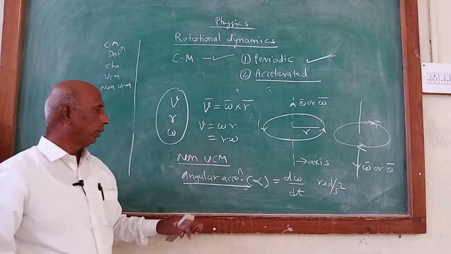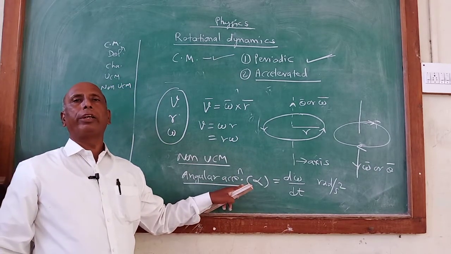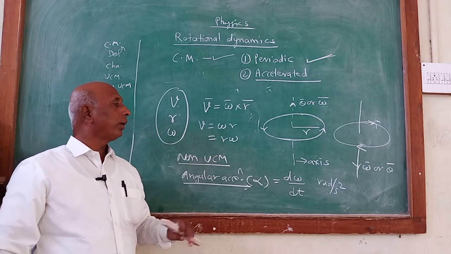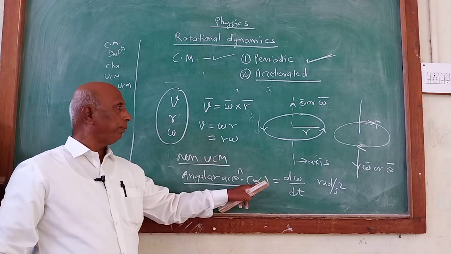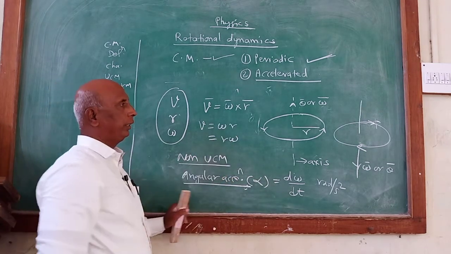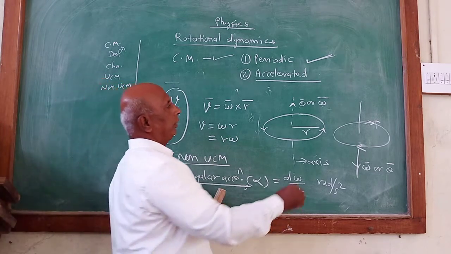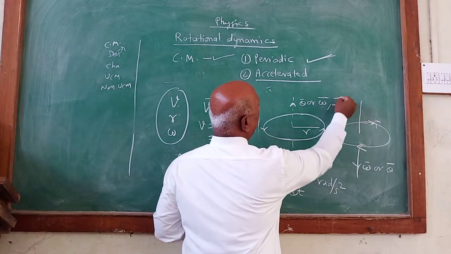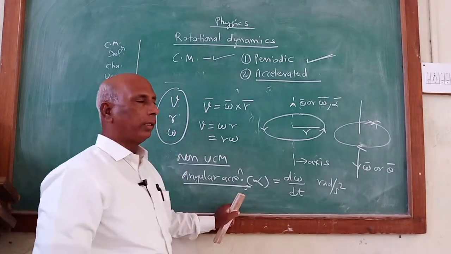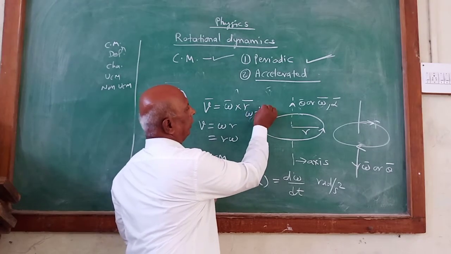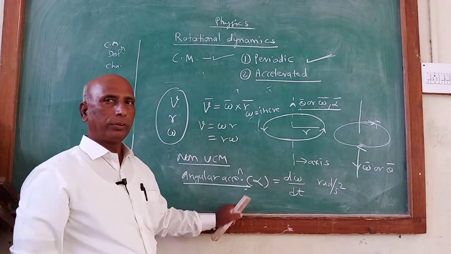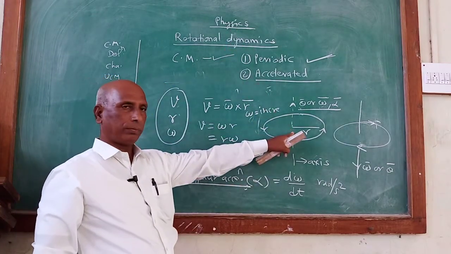Now, angular acceleration is also a vector quantity. This is how we can find its direction. If the speed of rotation, that is v or omega, is increasing, then alpha bar is also in the same direction as theta bar and omega bar. That is, when omega increases, all the three vectors are in the same direction, that is upward in this case.